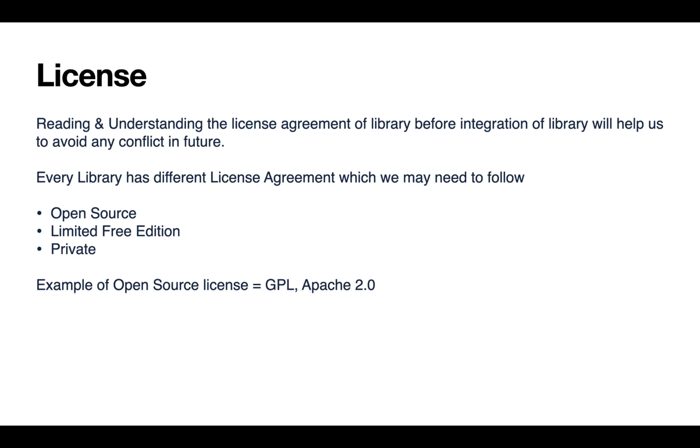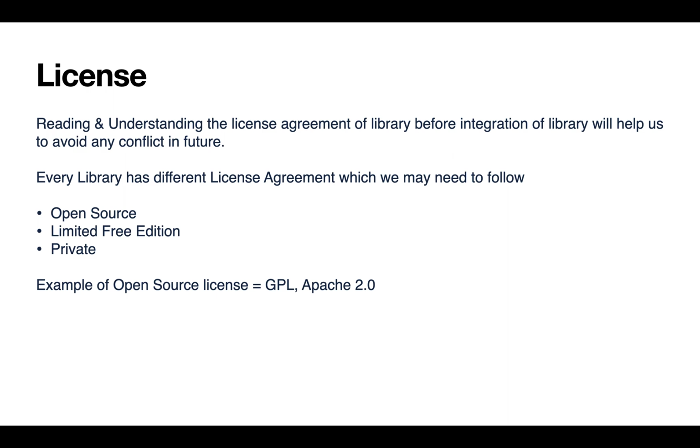Next is license. It's better to read and understand the license agreement of any library before using it. There are different types of license agreements. Widely, one category is open source, where we can use the source code freely, and also we can make changes by taking the source code.